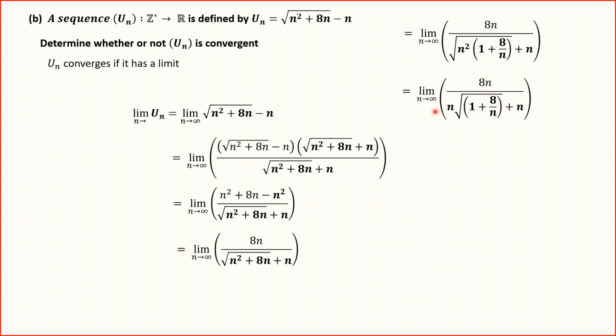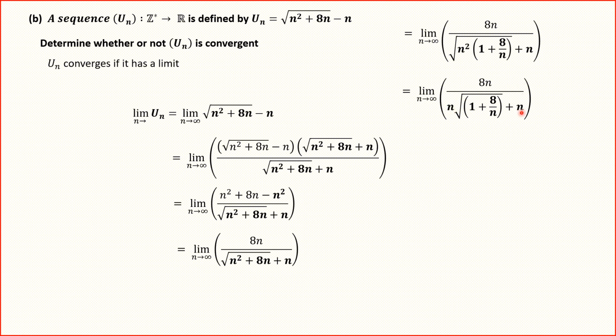We are evaluating the limit at infinity, so n is positive. This is actually the absolute value of n, but since n is positive, the absolute value of n will be exactly equal to n. So it's important to note that.